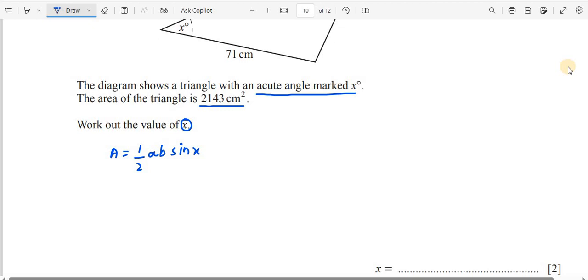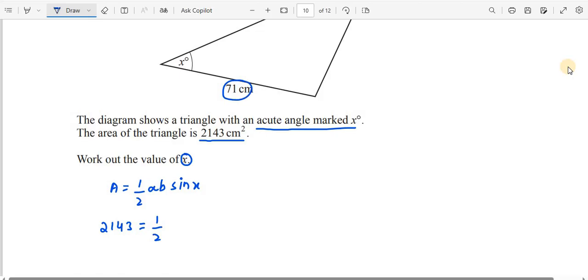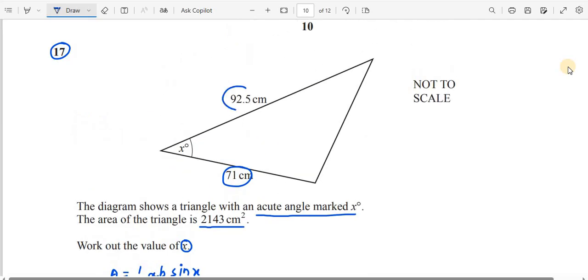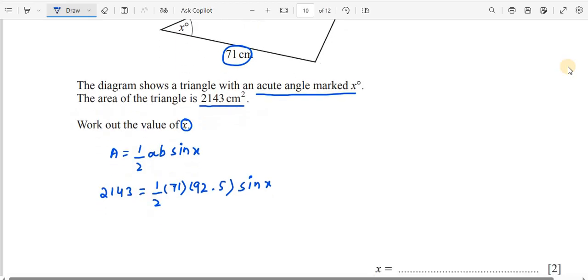So 2143 is equal to 1 by 2, a is 71, and b is 92.5, and sine x is the same.